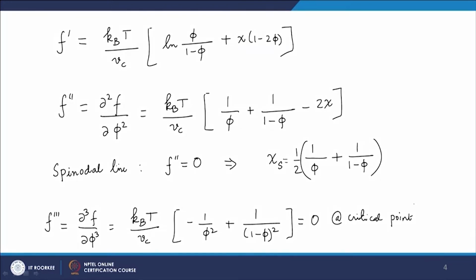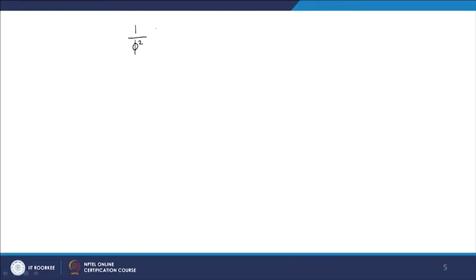If I solve the equation for the third derivative, what I will have is, let us say phi c is the value of the volume fraction at the critical point, then 1 by phi c squared has to be equal to 1 by 1 minus phi c squared.